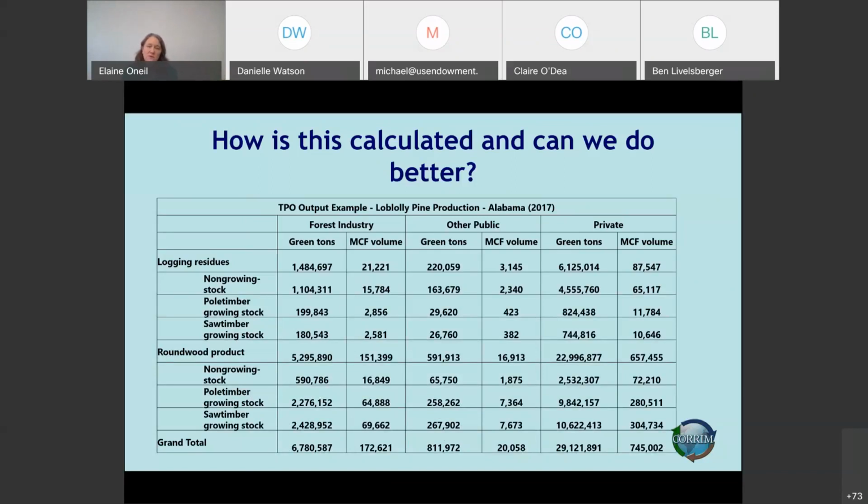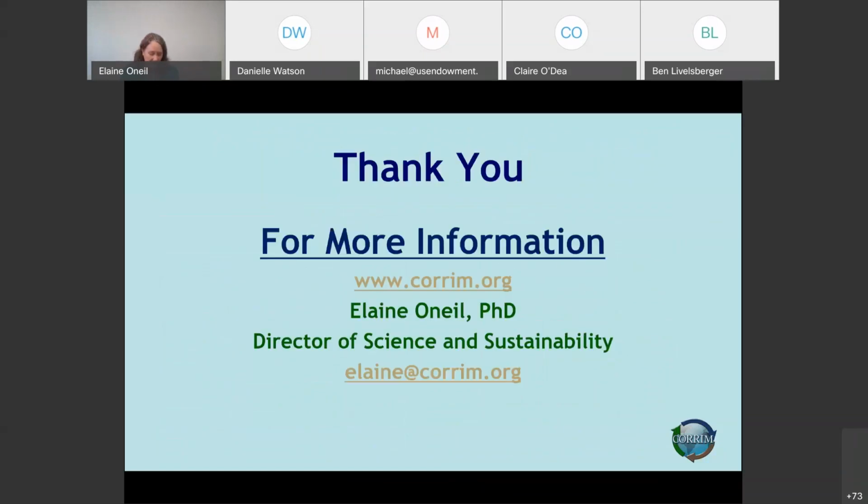I think in the future, it's going to be an ongoing and continuing demand on the part of the users of this data, whether it's the architects, the engineers, or now the companies that have jumped on board saying, we want to be sustainable, but we want to use wood, and we want to use it from places that are sustainably managed. So that's what I had for you today.